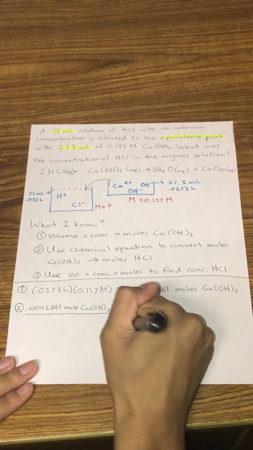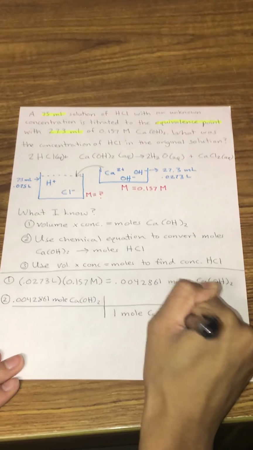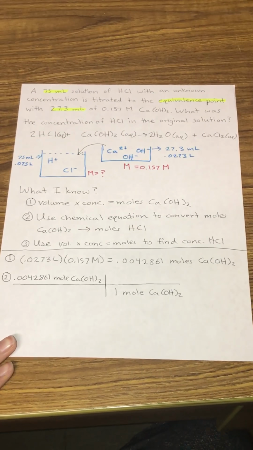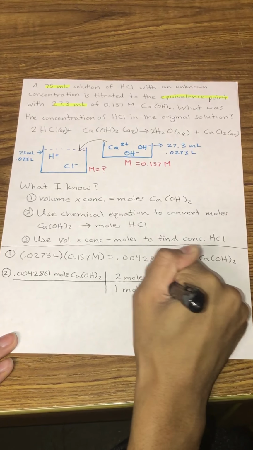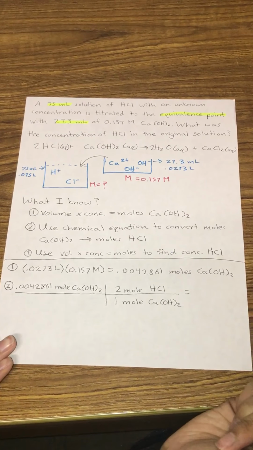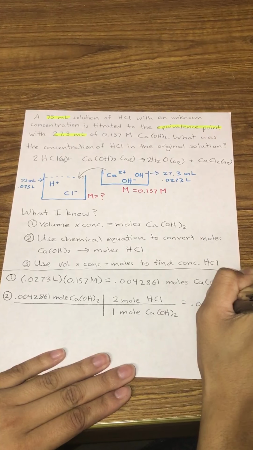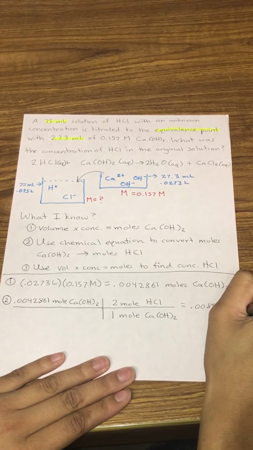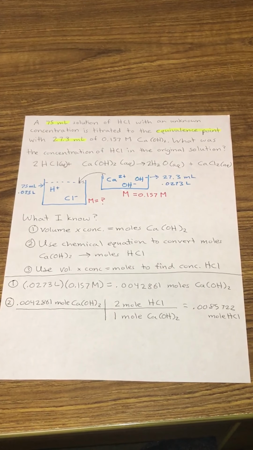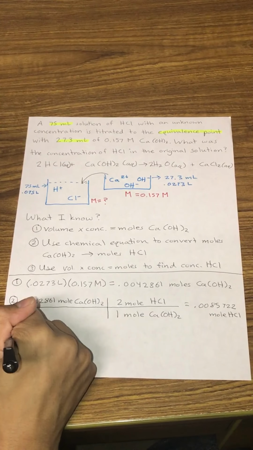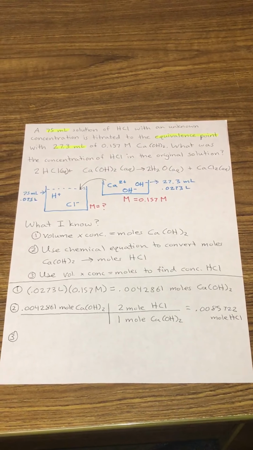So we have 1 mole of calcium hydroxide, and then we'll multiply by 2 moles of hydrochloric acid, which gives us 0.0085722 moles of HCl.